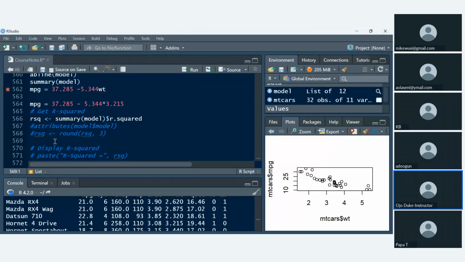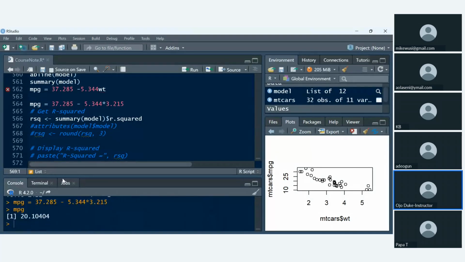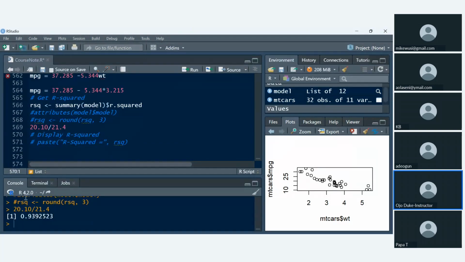Let's see. 21.4, right? Our value was 20.10. 20.10 divided by 21.4. What is this? That is 0.94. So we got 94% accuracy. That is the benefit of modeling.